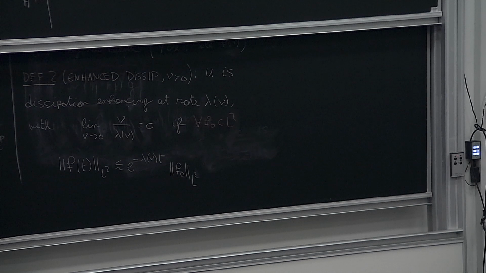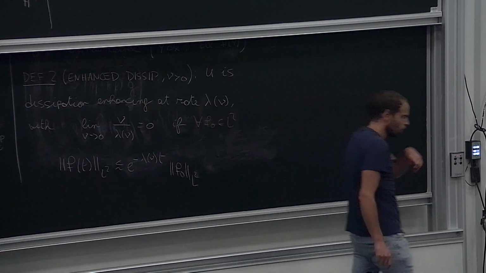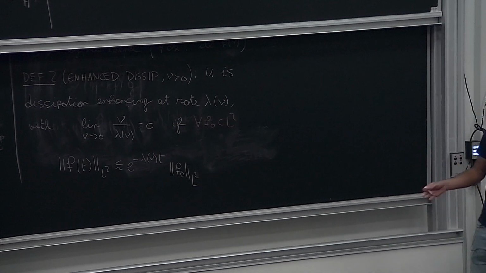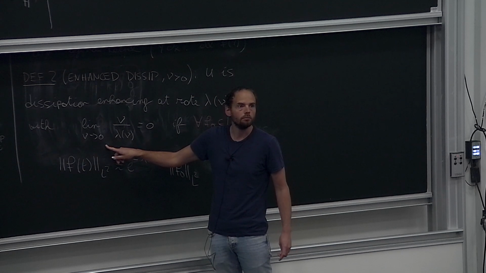Okay? So what does this condition say about the rate? It's just saying that lambda of nu is much bigger than nu, as nu goes to 0, for nu small.